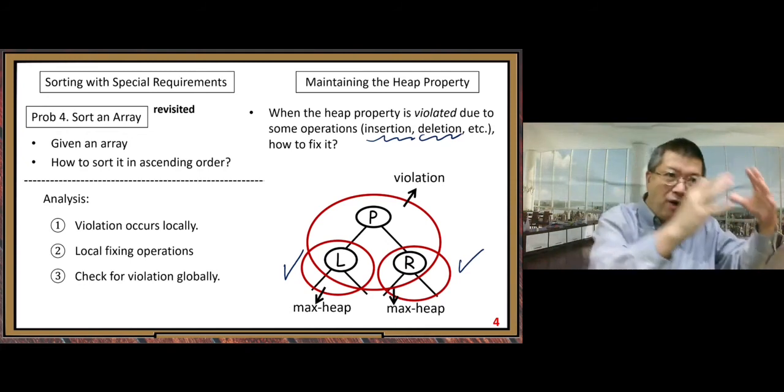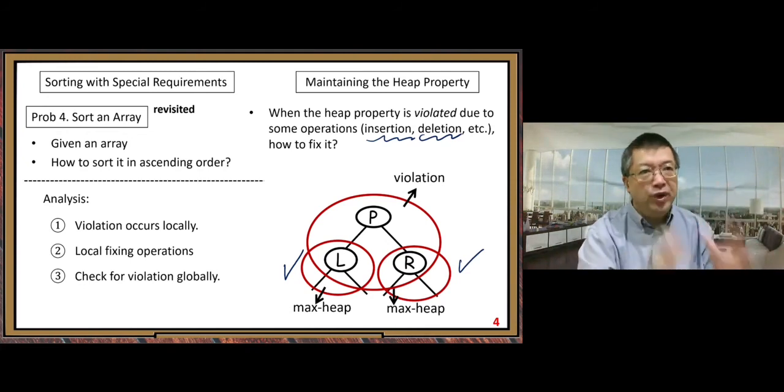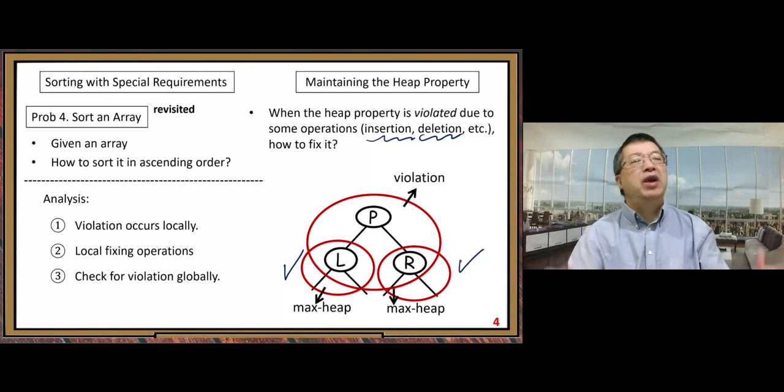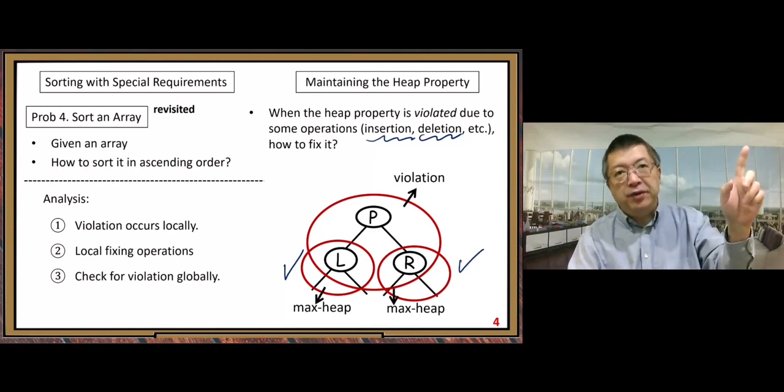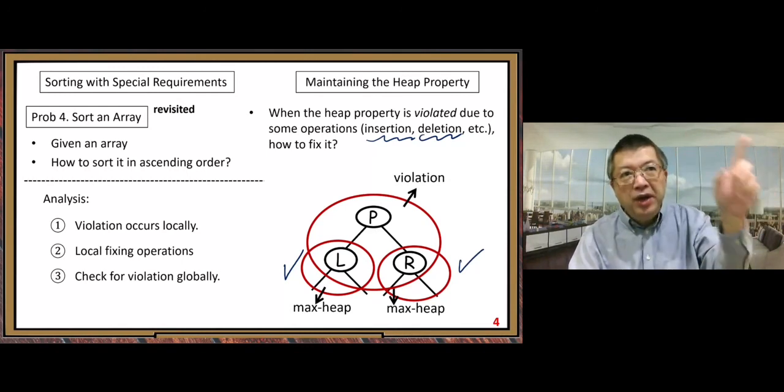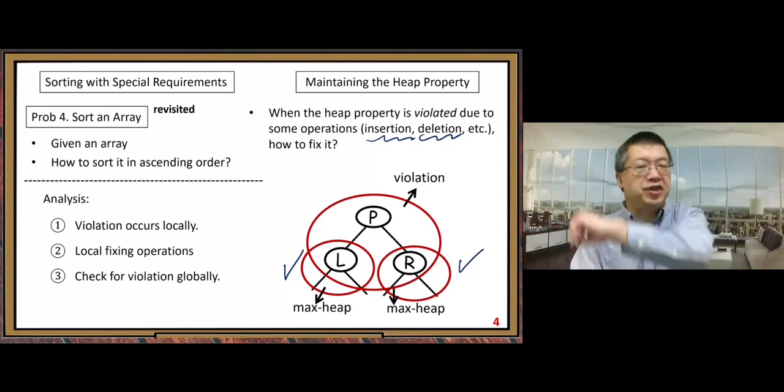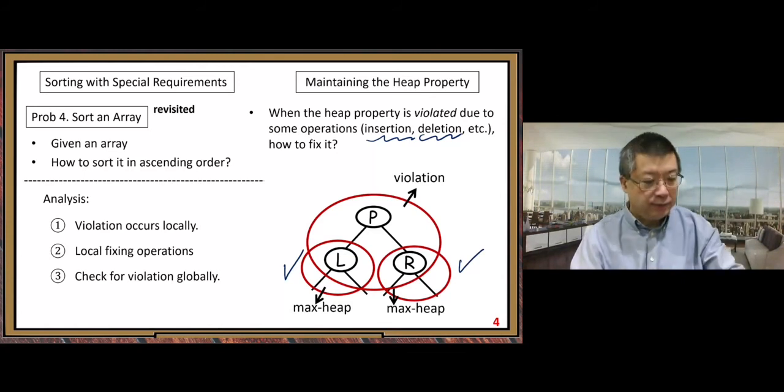Keep going until we reach the bottom. Then we can stop the checking. Later, in my next video, I will use a concrete example to show you the fix. Okay? All right.